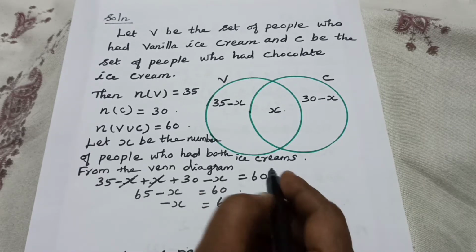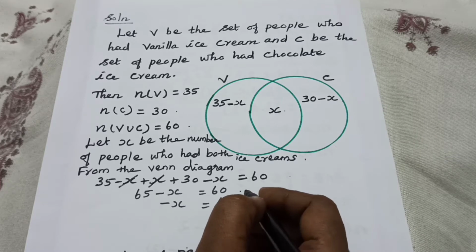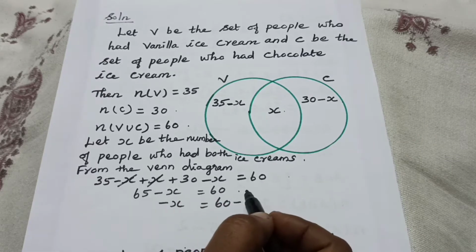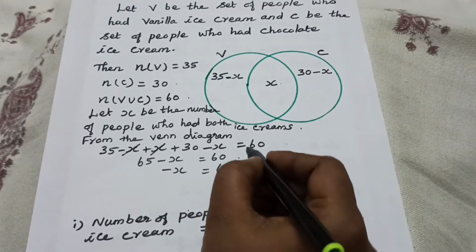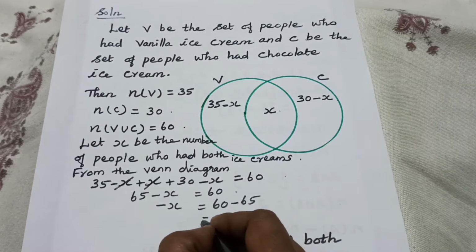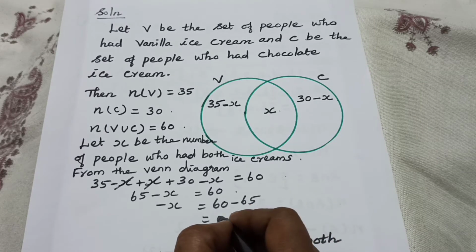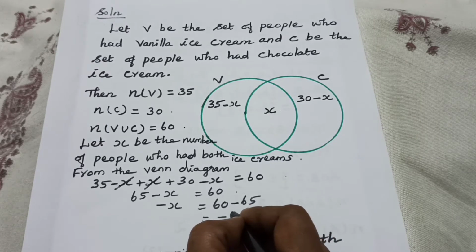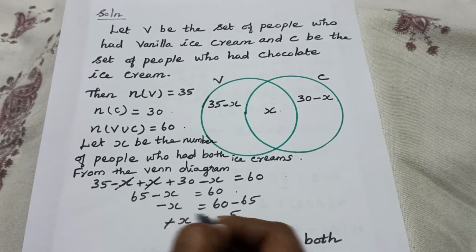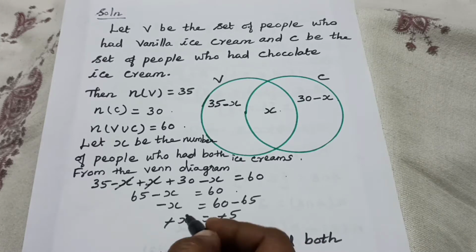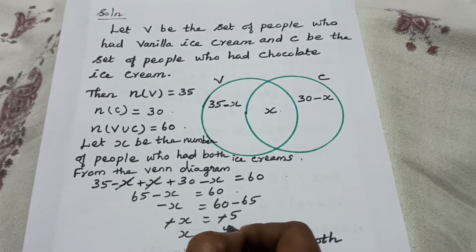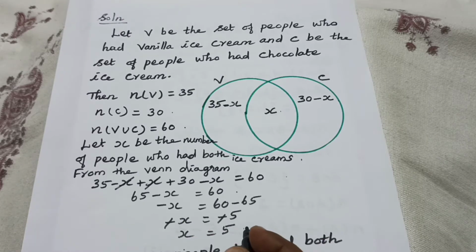Shall we bring this 65 to the right hand side? Then the sign will change: plus means the sign will change, here minus will come. Then 65, equal to 60 minus 65 is minus 5. Minus x is equal to minus 5. So minus minus we can cancel. Then we will get x equal to 5.